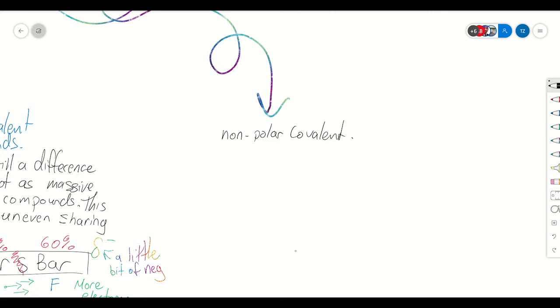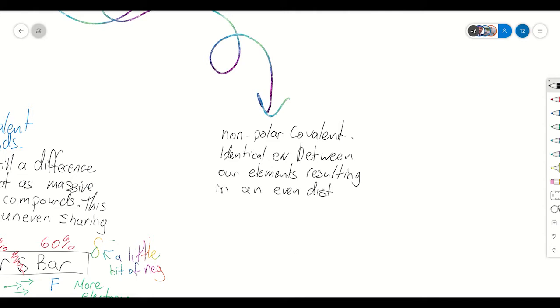So in these ones, we have identical EN between our elements, resulting in an even distribution of electrons between the atoms.